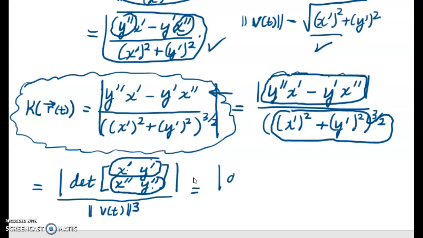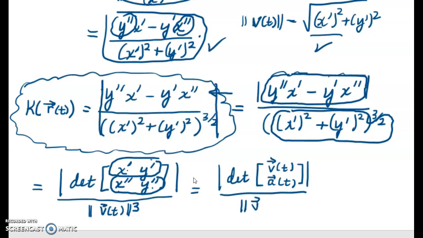So this is the absolute value of the determinant of first row v of t, second row a of t, divided by the norm of v of t cubed. And there's our formula for the curvature of a parametrized curve.